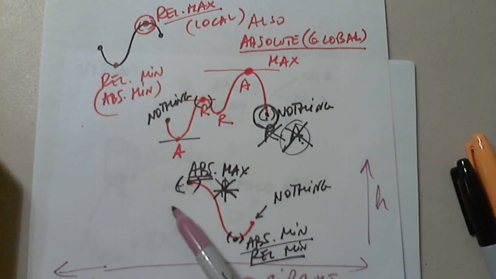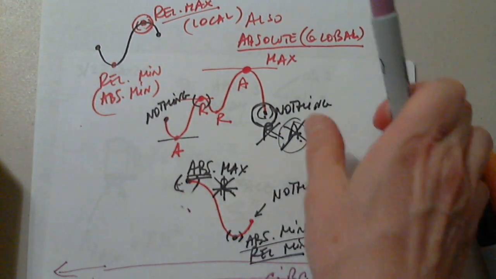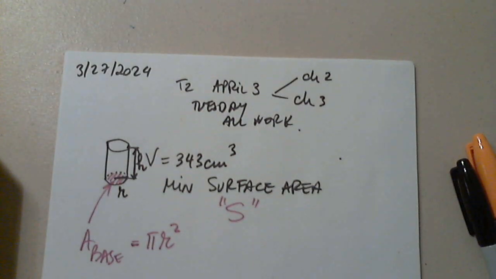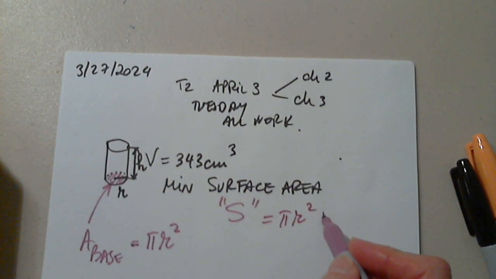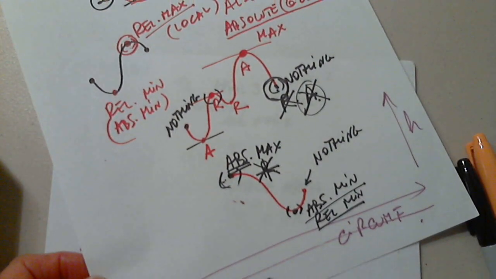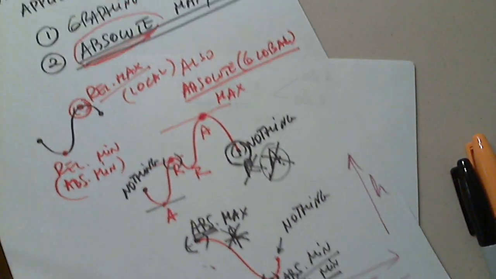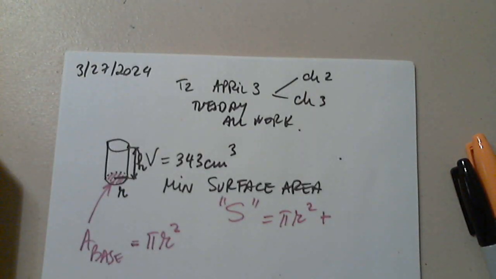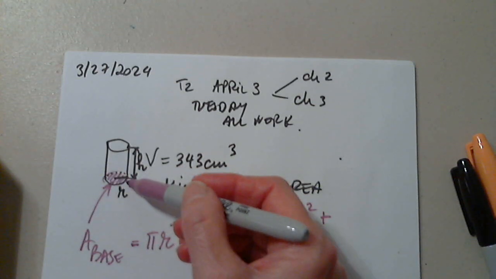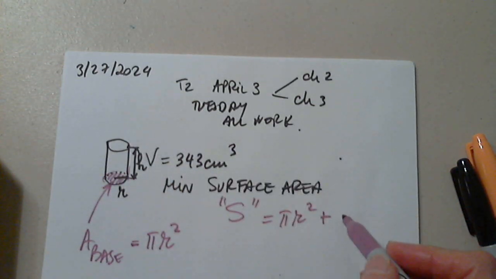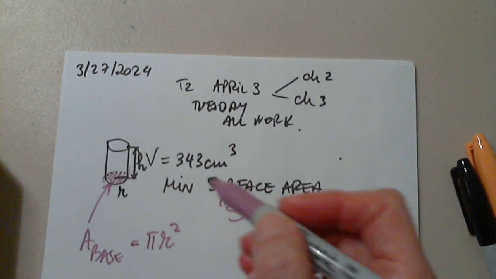So the area of this rectangle is base times height. So the surface will be, first of all, pi r squared plus this area, the circumference times the height. Anyone remembers the circumference of a circle? This was the area of the circle, but now we want the circumference because it's all around times the height. That will be 2 pi r multiplied by the height.